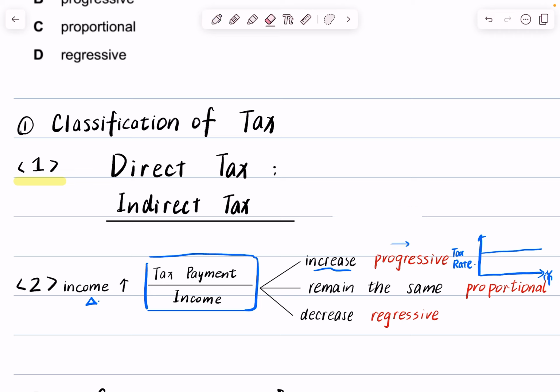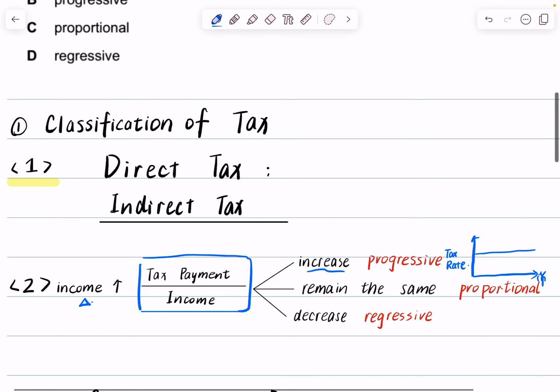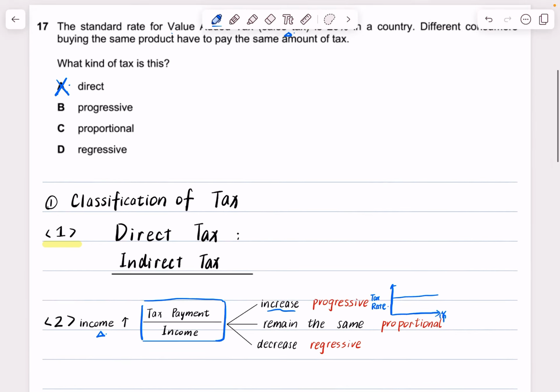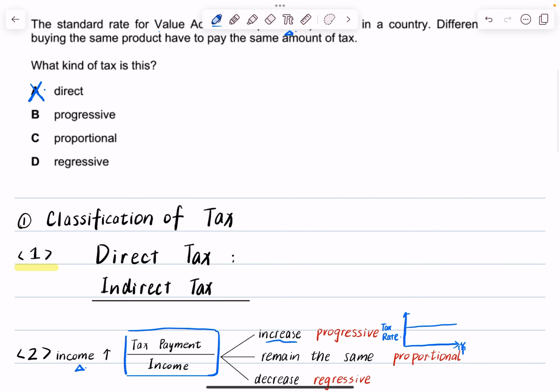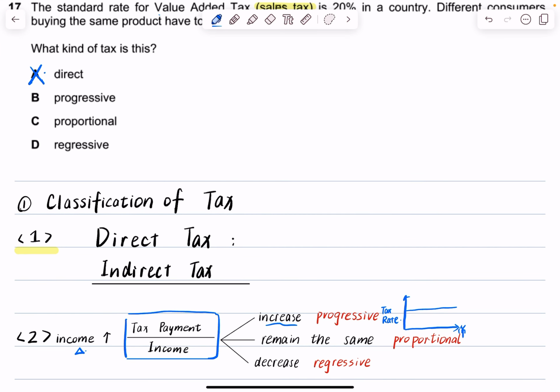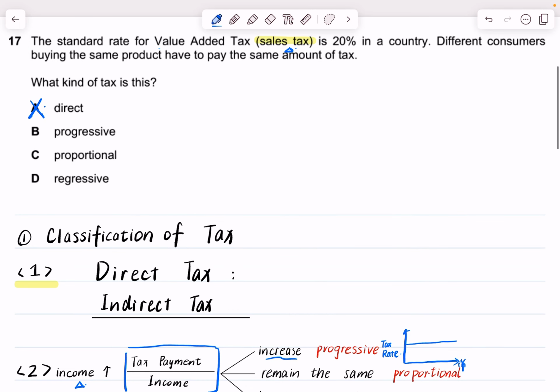And if the fraction, or we can call it tax rate, decreases, then it is a regressive tax. And then how can we connect this basic knowledge to our question?